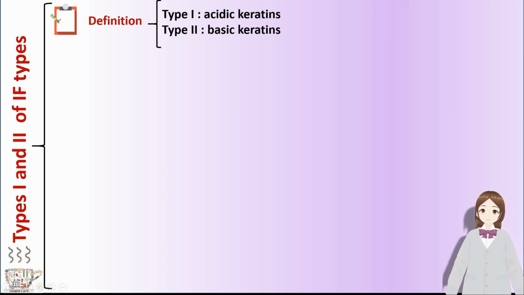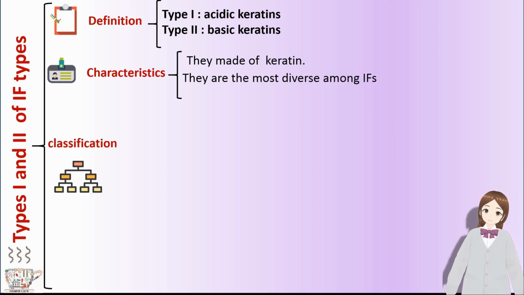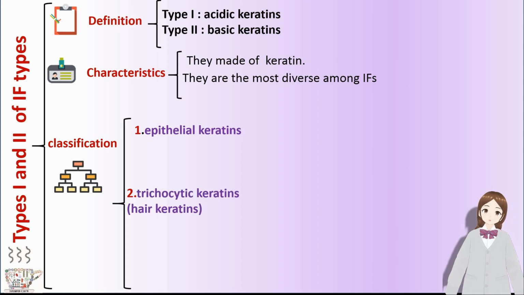Type 1 is acidic keratins and Type 2 is basic keratins. They're made of keratin, and they are the most diverse among intermediate filaments. They can be divided into 2 subgroups: epithelial keratins and trichocytic keratins or hair keratins.